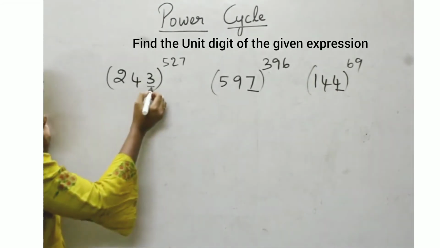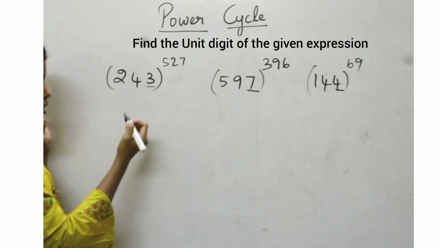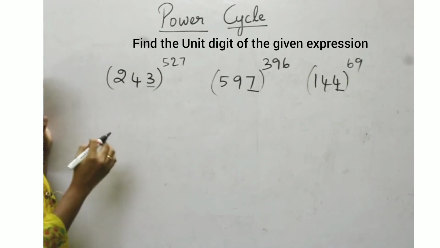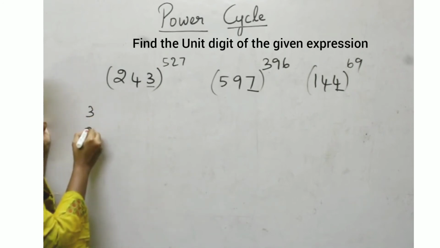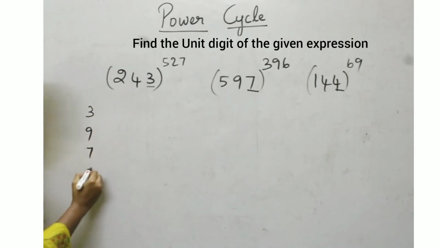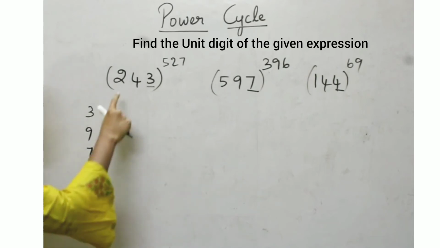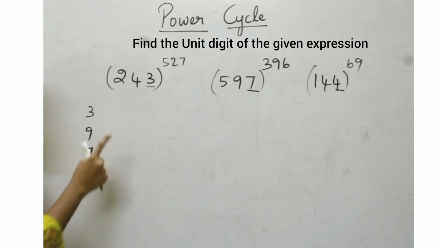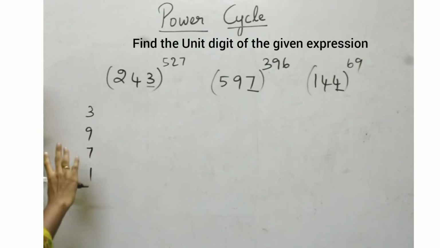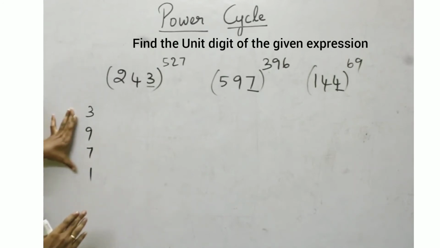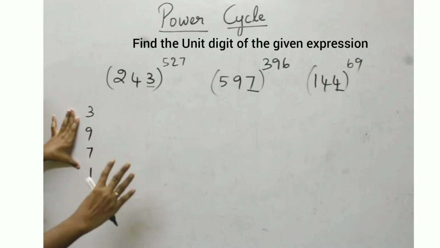Here the unit digit is 3. You must be very well knowing the powers of 3 and the unit digits of the powers of 3. 3 power 1, 3 power 2, 3 power 3 and 3 power 4. So the unit digit of this particular expression must be one among these numbers. But how to predict which of these numbers? It's pretty simple. We know that the unit digits will repeat itself for every 4 powers.